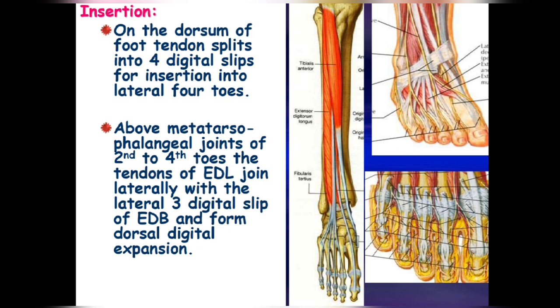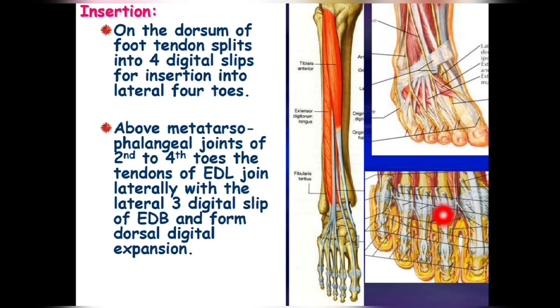Insertion of extensor digitorum longus. On the dorsum of foot, the tendon of this muscle is split into 4 digital slips for insertion into lateral 4 toes. Above the metatarsophalangeal joint of second to 4th toes, the tendon of extensor digitorum longus joins laterally with the lateral 3 digital slips of extensor digitorum brevis and forms the digital dorsal expansion.